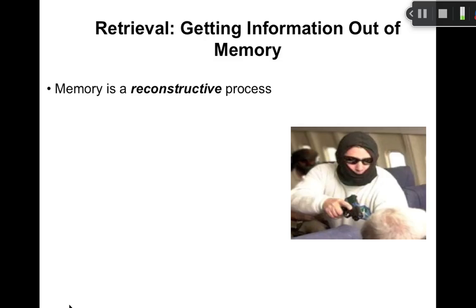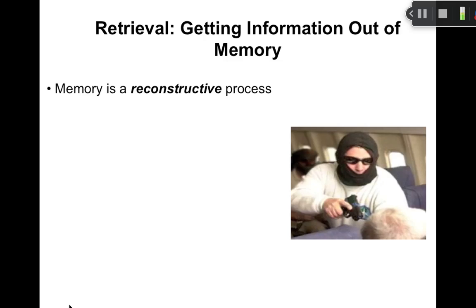Based on experience, we form schemas, those organized clusters of information. We've stored information in the form of schemas. So maybe this hijacking experience maps onto a prior experience that we've had, so we're more likely to recall certain details as opposed to people that don't have that experience.